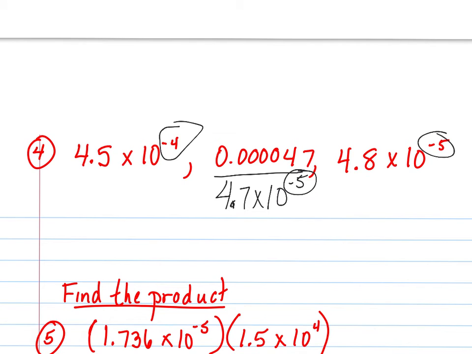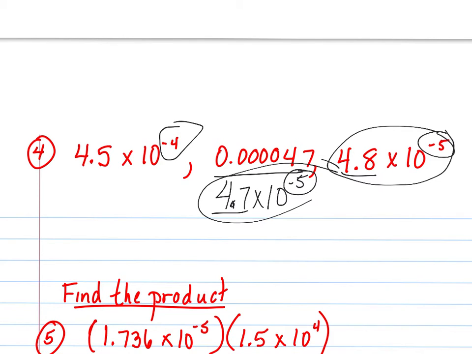-5. So now you got to look at these two, this one and this one. Look at their numbers. Which one is smaller? Sam? -4. Okay, you're about 6 steps behind us. Which one's the smallest? 4.7 or 4.8? 4.7.